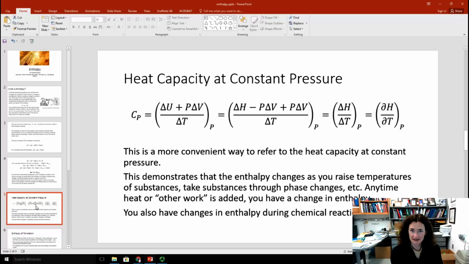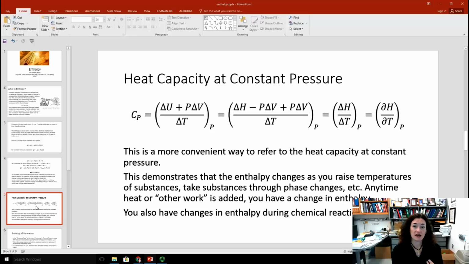Now, all of this talking that I've been doing over the last couple of slides actually demonstrates that the enthalpy changes as you raise temperatures of substances or take substances through phase changes. Basically, any time heat or other work is added, you have a change in enthalpy. So, for example, water freezing or water boiling would result in a change in enthalpy of the substance because you have to add or subtract heat in order to get those phase changes to take place.